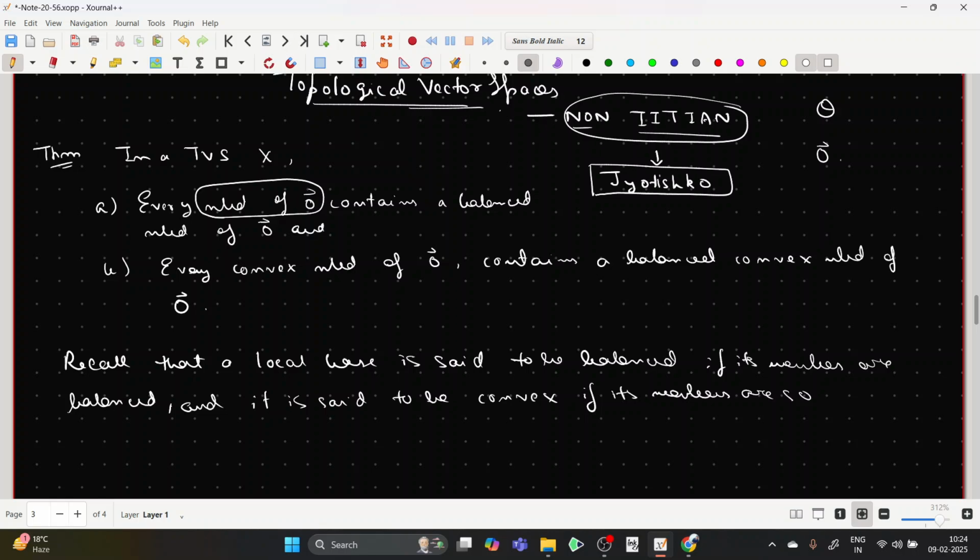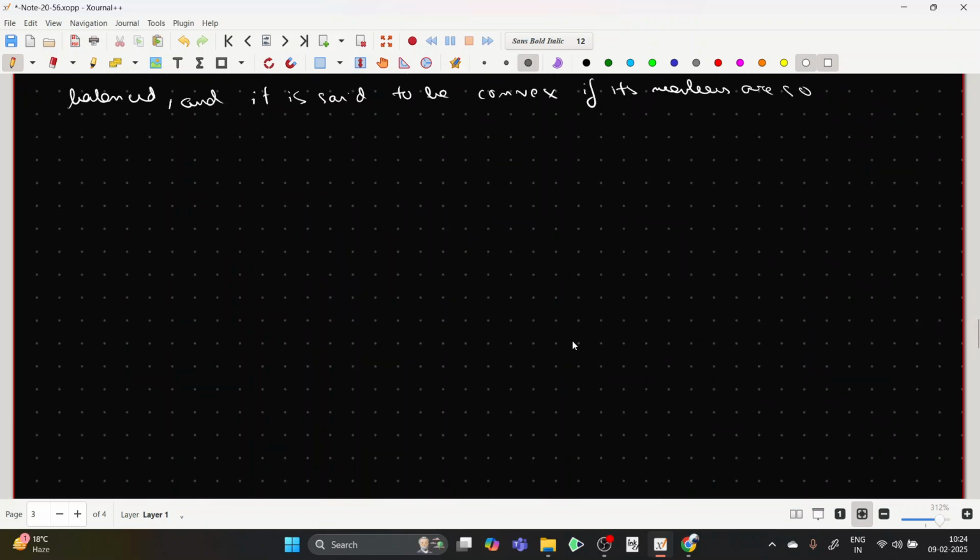Similarly, what does the next statement say? Every convex neighborhood of the origin contains a balanced convex neighborhood of the origin. So if I restate this in terms of local bases, I can state this as a corollary.